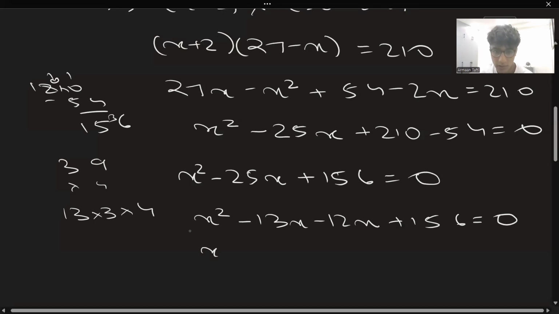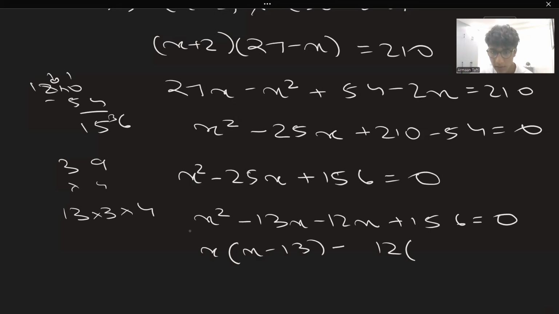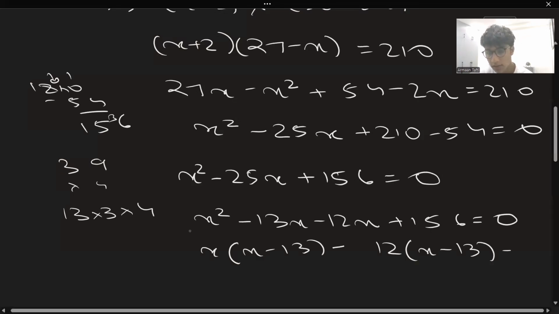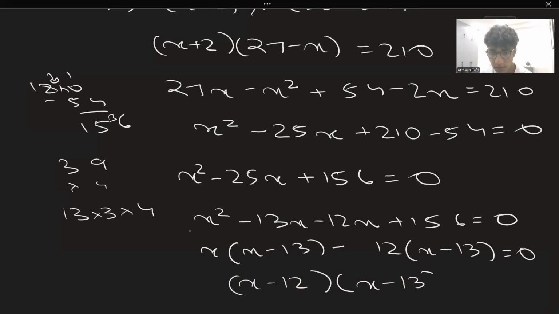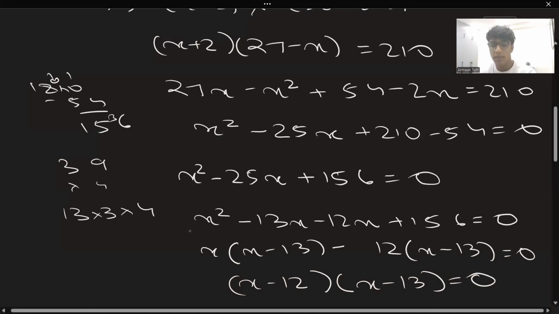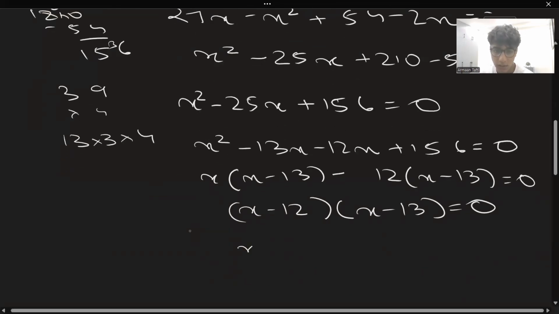And then simple, x minus 13 times x minus 12 is equal to 0. So in this case, your x can either be equal to 12 or 13.